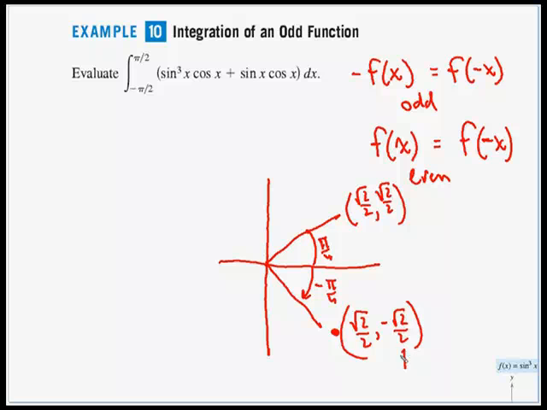Remember, the y values are the sine values. So it doesn't matter. It does matter. Sine of 1/4 pi is positive square root of 2 over 2. Sine of negative 1/4 pi is negative square root of 2 over 2. But if we look at the cosine values, the cosine of 1/4 pi is positive root 2 over 2. The cosine of negative 1/4 pi is also the square root of 2 over 2.